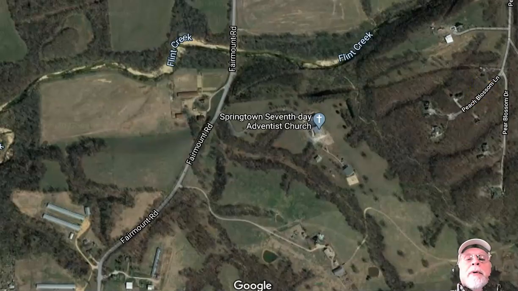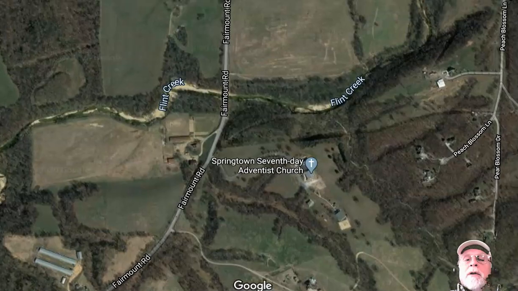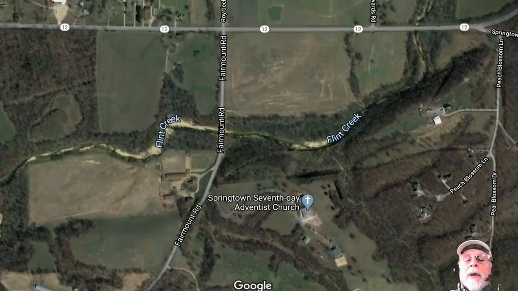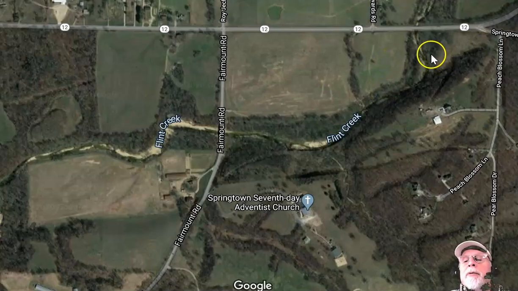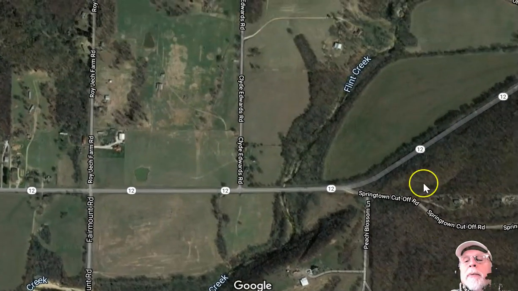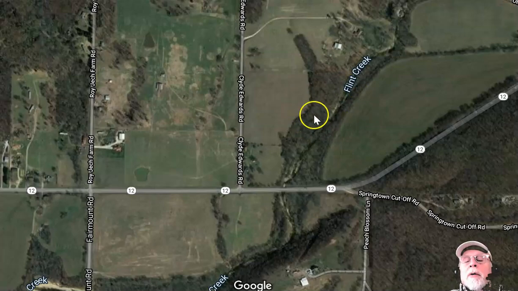Going back to the map of Flint Creek, in general, riparian just means referring to a stream or the side of the stream right next to the stream. We talk about the riparian zone. You can see the riparian zone in a lot of cases here. It's wooded around there. It's forested. That's the area that's flooded.